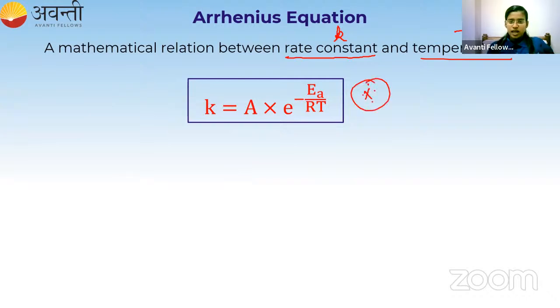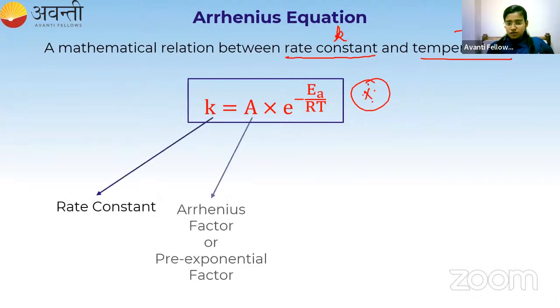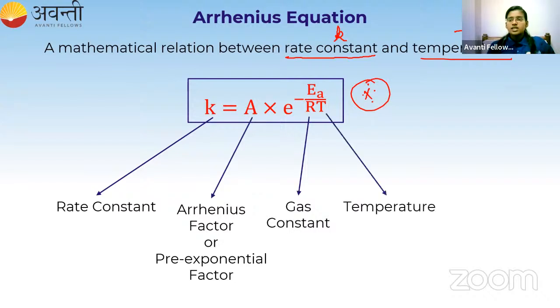Here K is the rate constant, A is called the Arrhenius factor or pre-exponential factor, R is the universal gas constant, and T is the temperature. We have one more term, EA, which is called activation energy.